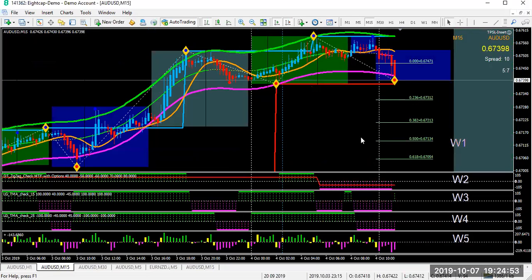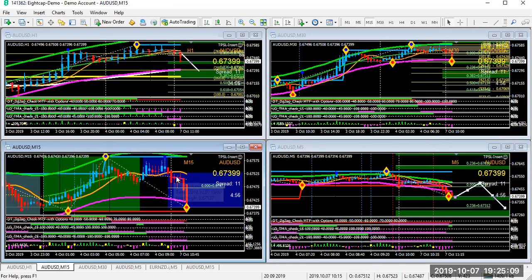Okay, and channel line. Okay, yeah. Nice to see our gritty lines separated from our center line in the M15.